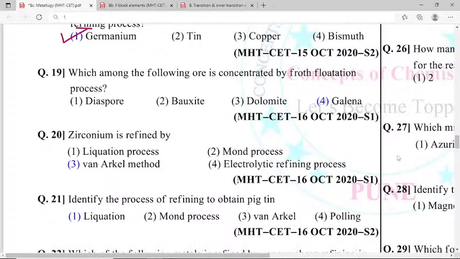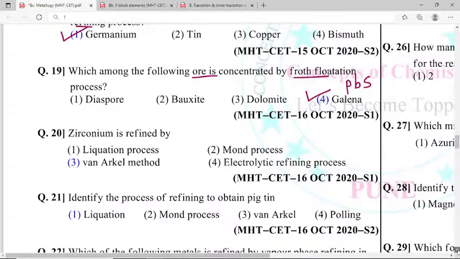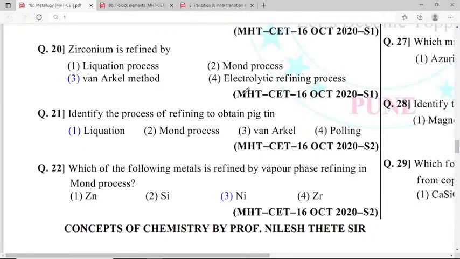Which among the following ores is concentrated by the froth flotation process? Galena, PbS. Lead sulfide stands for galena. Zirconium is refined by Van Arkel method.